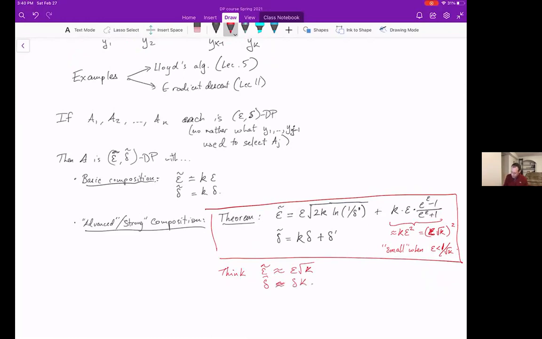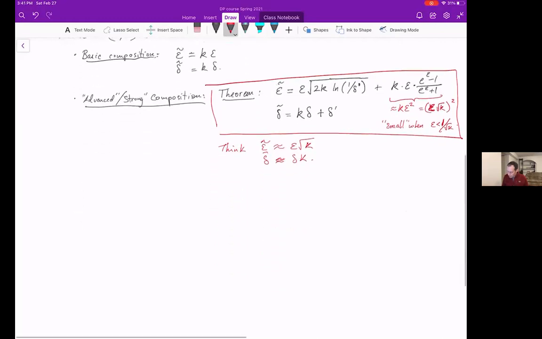We think of the original delta as being selected normally to be quite small, and so that wouldn't affect the composition very much. And so multiplying that by k shouldn't be too bad. What you have to manage is the blow up in epsilon.